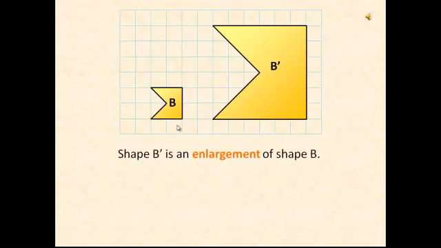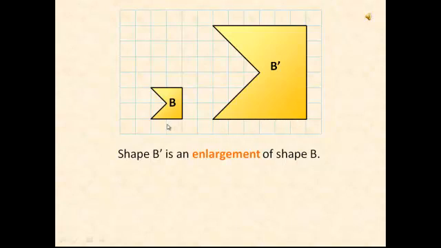Here also, girls, we have the shape B dash, an enlargement of shape B. If I want to find the scale factor, I will see each side in B. For example, here we have 2 squares, but here in the enlargement we have 1, 2, 3, 4, 5, 6 squares.